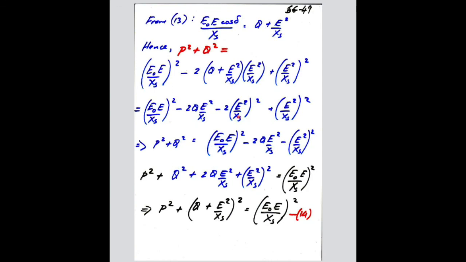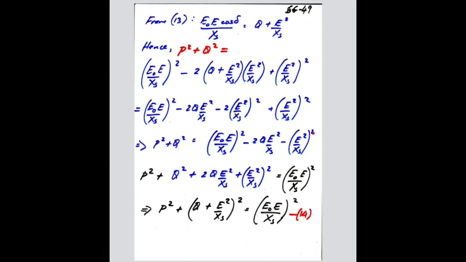I've expanded it, and from there I can write P squared plus Q squared to be equal to this first term, which is here, and I've combined those two here. I've written it as 2Q over E squared over XS minus this E squared over XS to the power of 2, right?